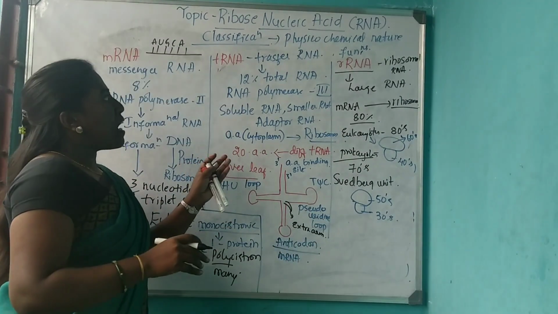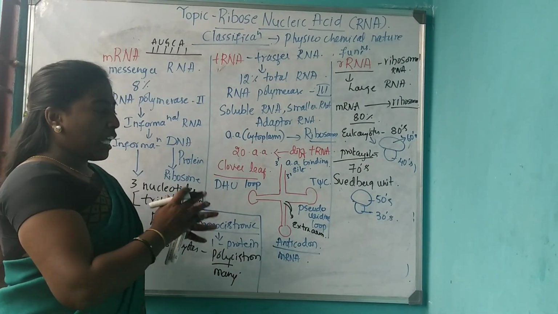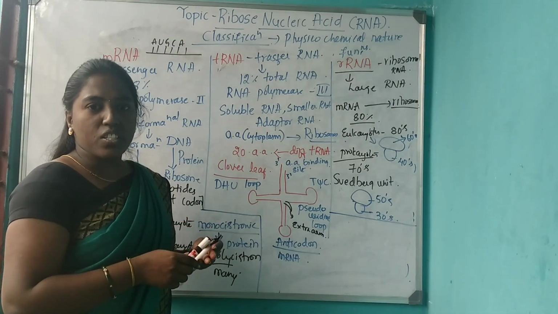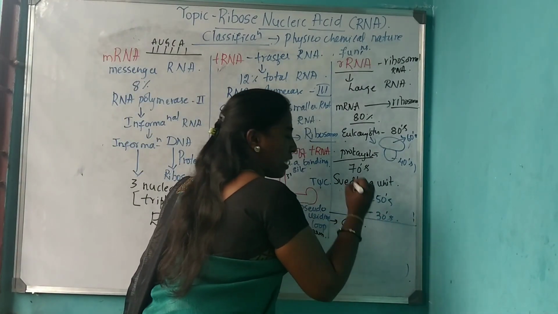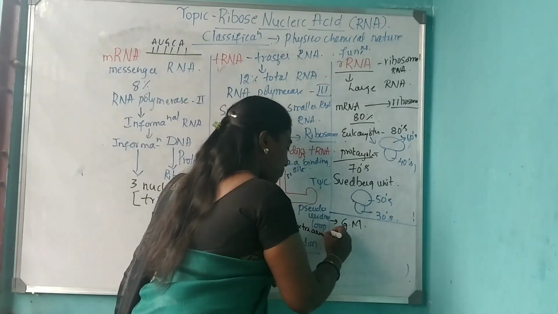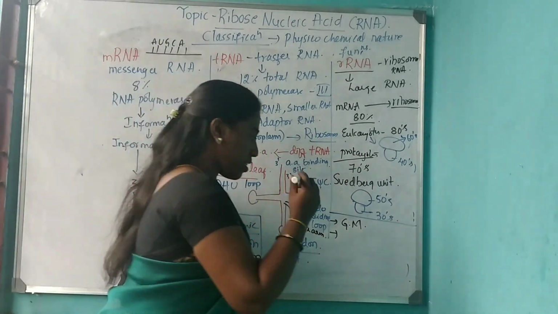Okay. The last part is the functions of RNA. When you consider the biological significance of RNA, RNA can function as genetic material in some viruses. Then next, RNA in case of eukaryotes helps in what? Protein synthesis.